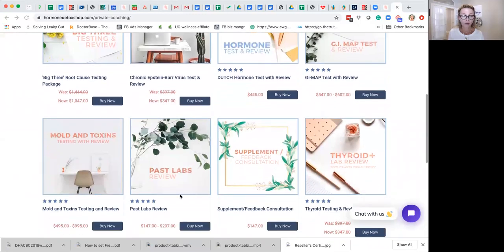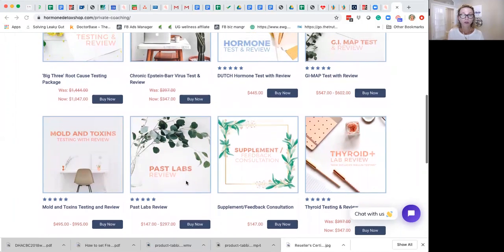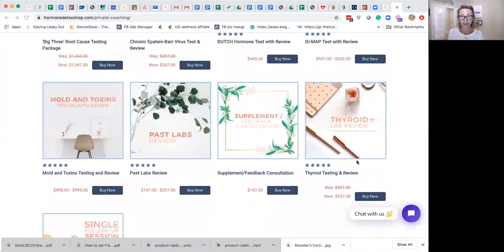So if you're not sure if you want to retest, Jen, and you just want us to look at your old tests, maybe you got a bunch of tests but then you didn't hit it off with that practitioner, you can do this Past Labs Review. You can give us a few labs or a lot of labs, and the price varies depending on that. If you run a new lab, like the thyroid test, we do not look at past labs unless you pay for it, because we were getting a whole pile of extra work. So we will look at what you have. You can look back and compare it, or if you want us to compare it, you need to pay for the 2 sessions and we can put them together.